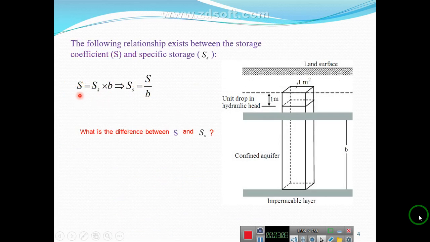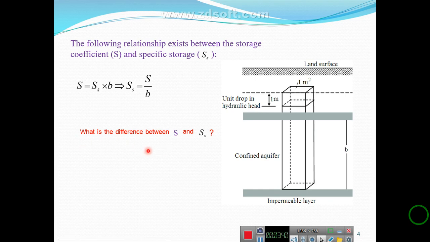This equation relates a storage coefficient to a specific storage of a confined aquifer. In this equation, b is the thickness of confined aquifer shown here. S is a dimensionless parameter, but Ss is expressed in terms of inverse of unit length.